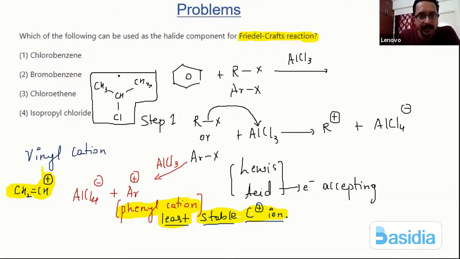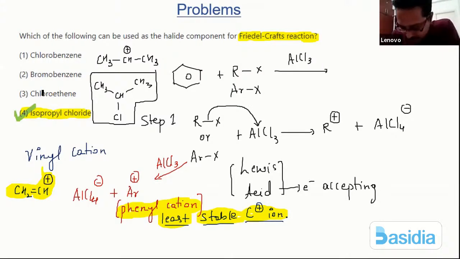Now this guy produces a cation, CH3CH with a positive charge and a CH3 over here. So it's actually producing a stable carbocation compared to the others. That means this guy has a greater tendency to undergo the Friedel-Crafts reaction. So please make a note. Most of you have given the answer. Very good, superb. So isopropyl chloride.